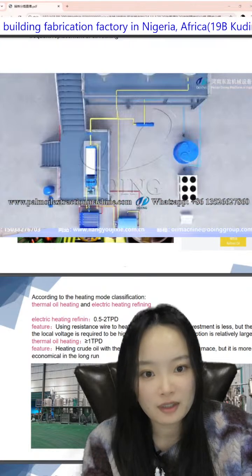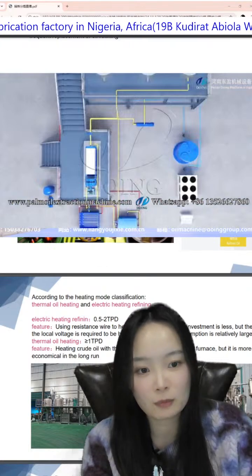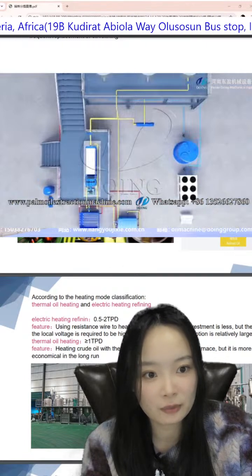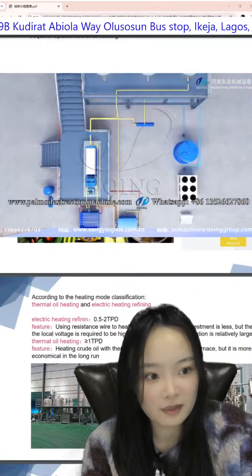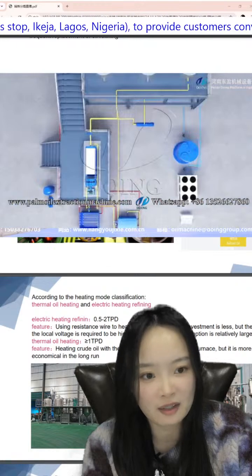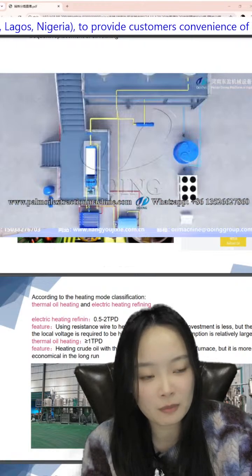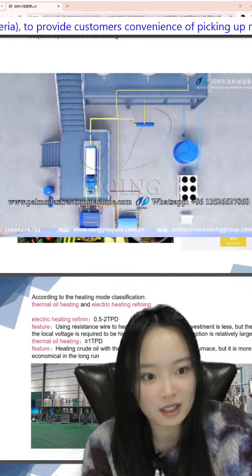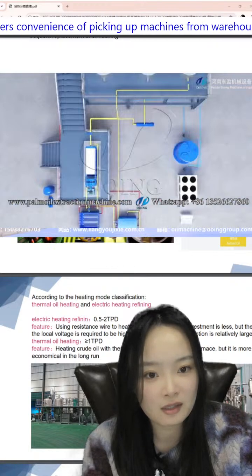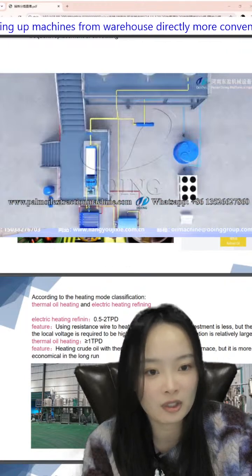The feature is using resistance wire to heat crude oil. The first investment is less, but the stability of the local voltage is required to be higher, and the power consumption is relatively large.